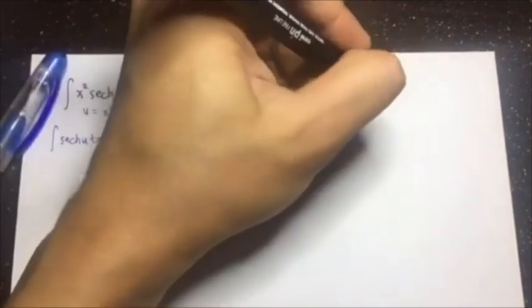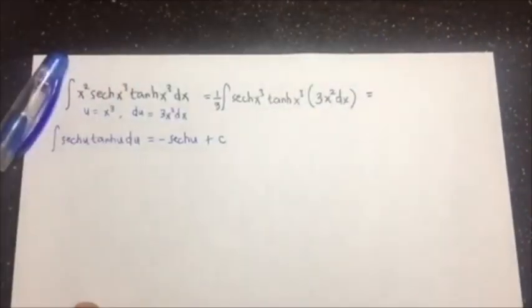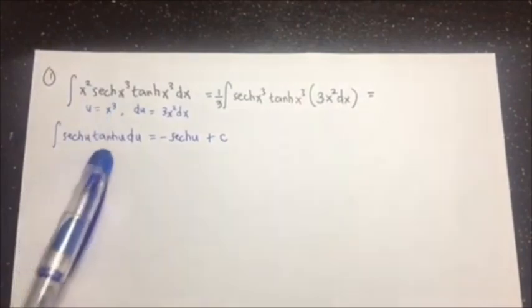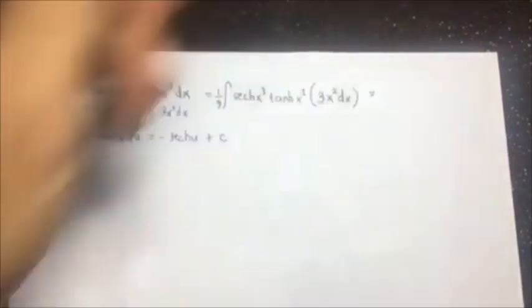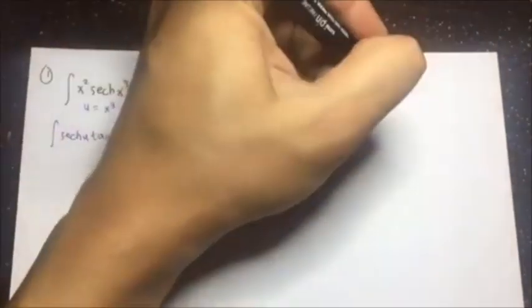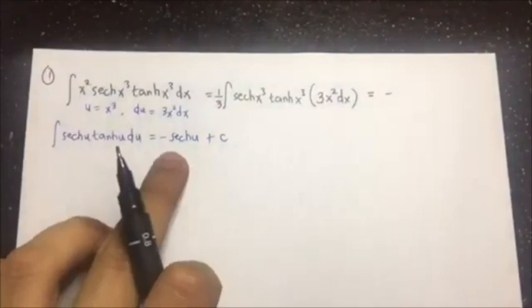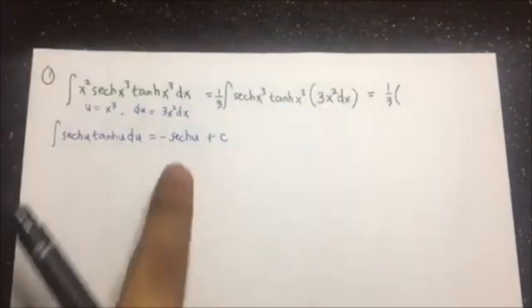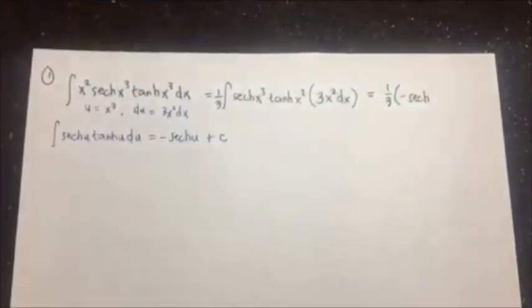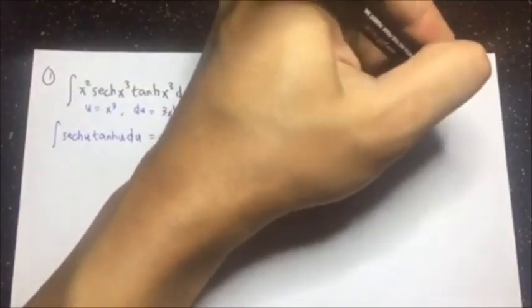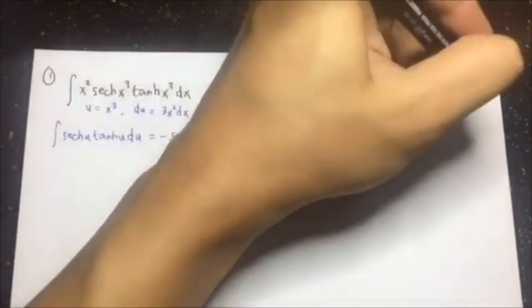Okay, so with that, we can now apply this formula. So it will become, write first 1/3, so 1/3 multiplied by the integral, this is negative hyperbolic secant of u, where our u is x cubed, and then of course plus c.